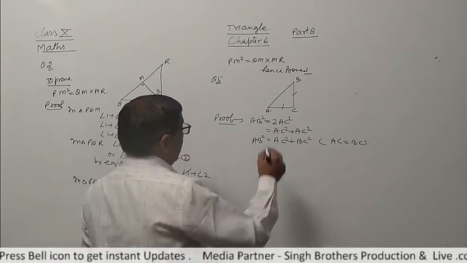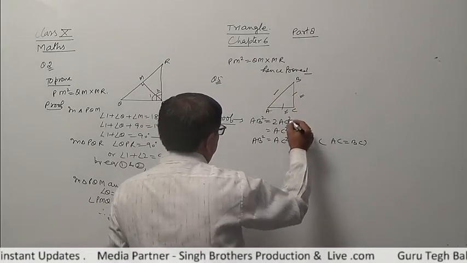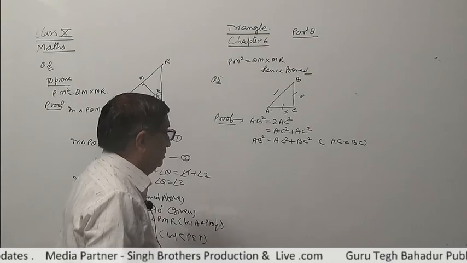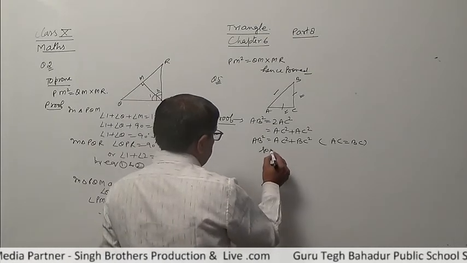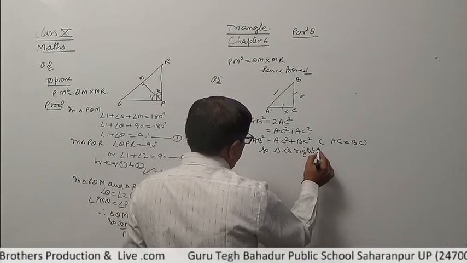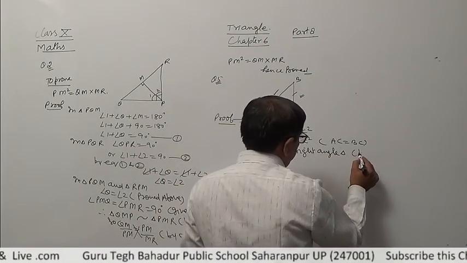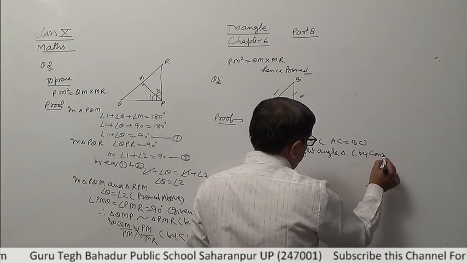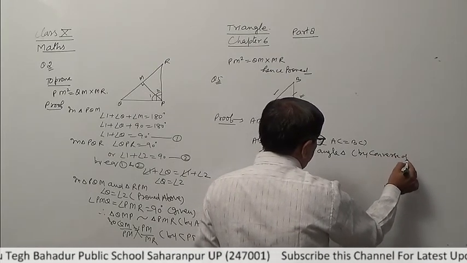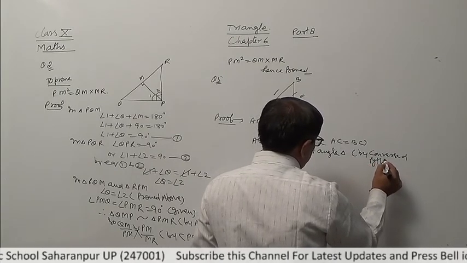When the square of the longest side is equal to the sum of the square of the other two sides, so triangle is right angle triangle by converse of Pythagoras theorem.